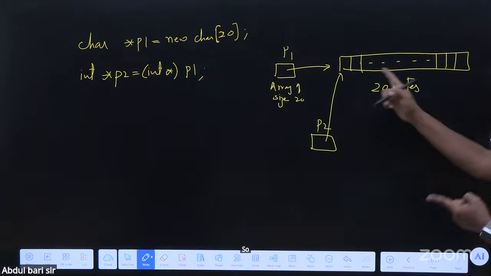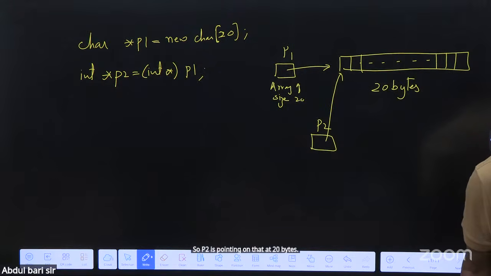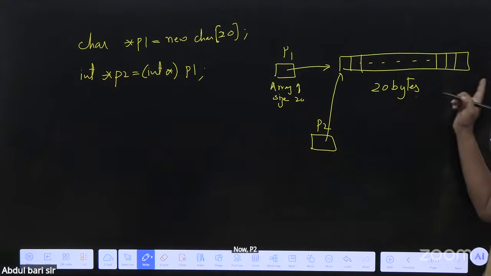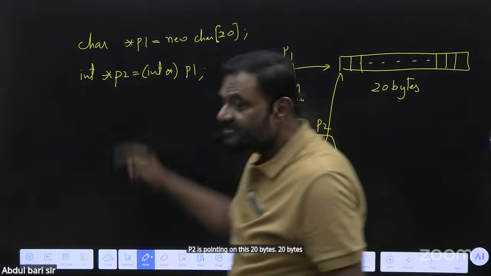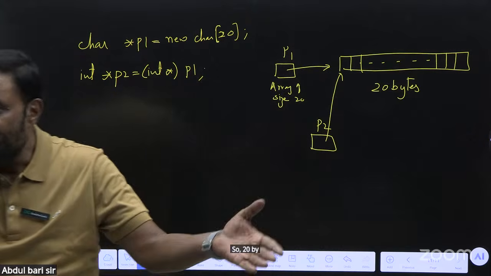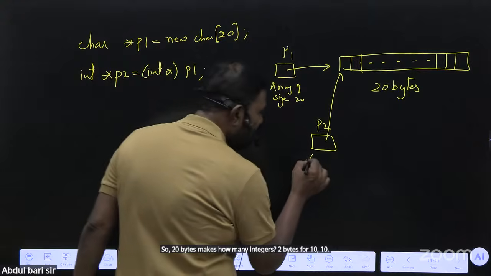So P2 is pointing to those 20 bytes. But P2 is which type? So 20 bytes makes how many integers? 2 bytes each, so 10.